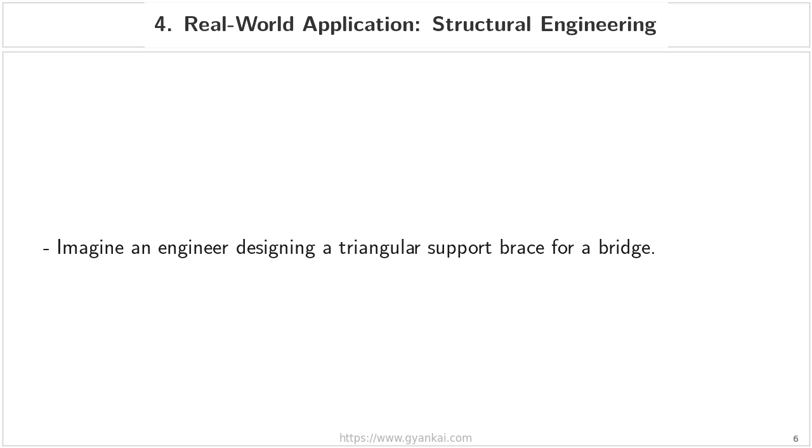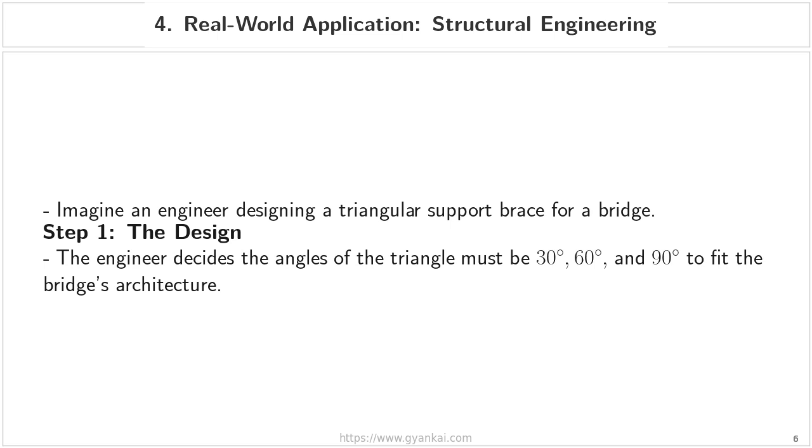This is a perfect practical application of the concepts we just discussed. First, let's look at step 1, the design. To ensure the brace fits perfectly within the bridge's existing architecture, the engineer decides that the internal angles of the triangle must be exactly 30 degrees, 60 degrees, and 90 degrees.